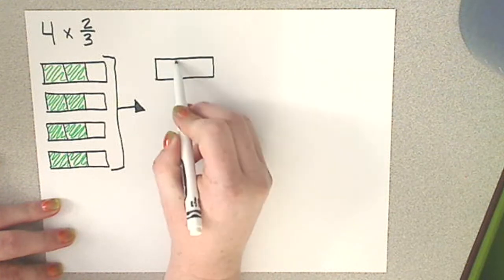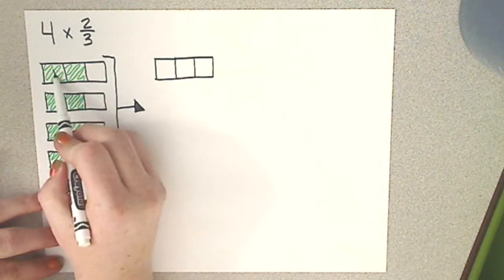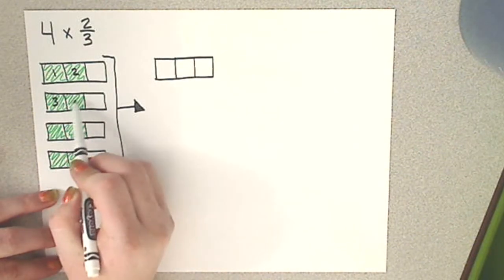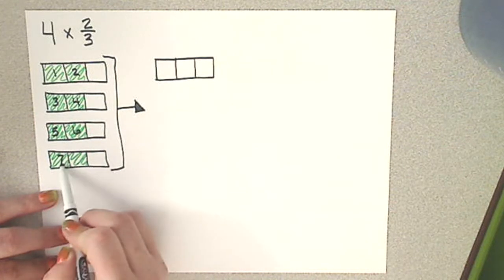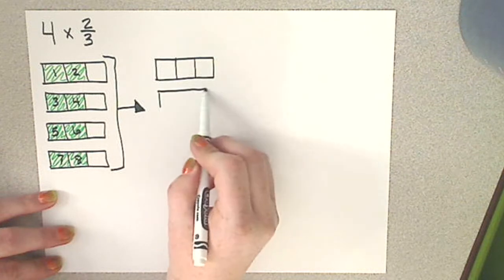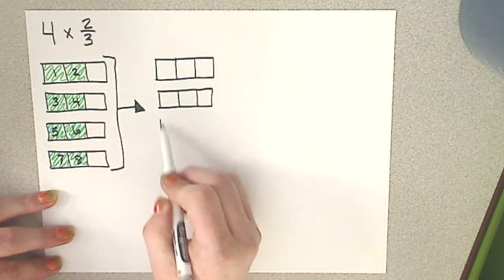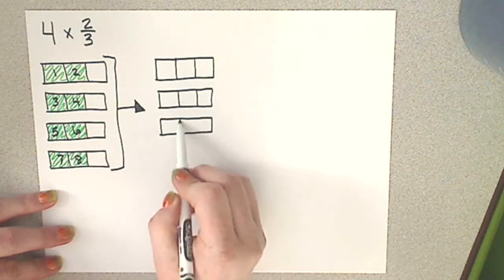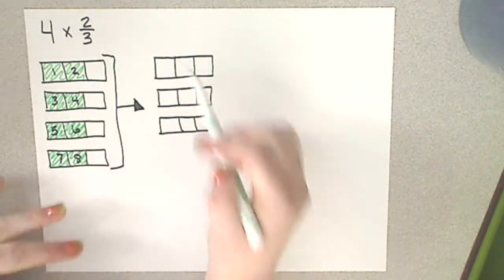I'm going to start by counting 1, 2, 3, 4, 5, 6, 7, 8, 9. So I should have enough fraction strips to now show 4 times 2/3.